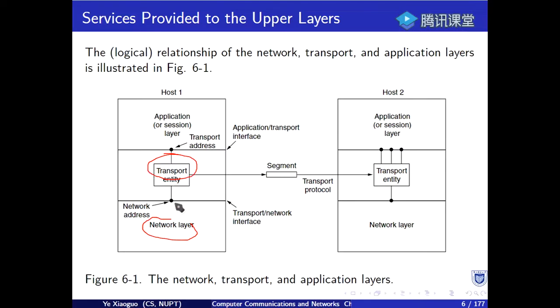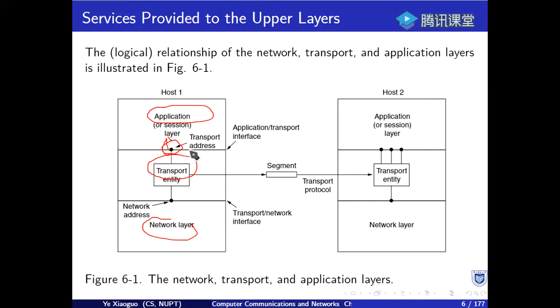The transport entity uses the services from the network layer and provides the services for the application layer, right? The interface between the transport layer and the application layer is called the transport service access point.